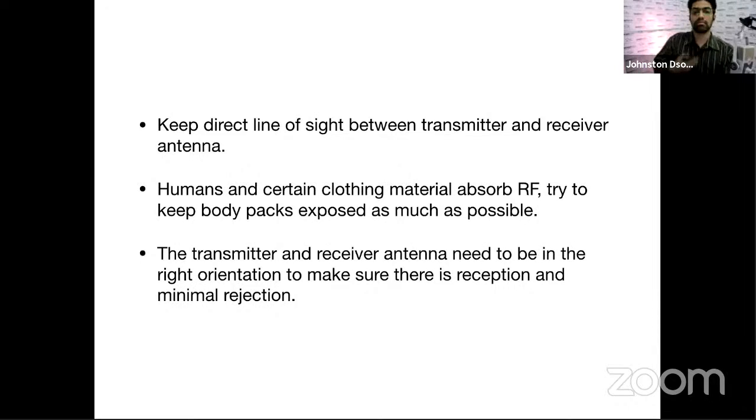So as an audio person, you should make sure there's a direct line of sight between the transmitter and receiver. Instead of mounting it behind, you would keep it somewhere in front, off camera, so that there's a direct line of sight. Rule number one, very important. Is that clear? Even with microphones and everything else, try not to have any obstruction between them. Try to have direct line of sight.